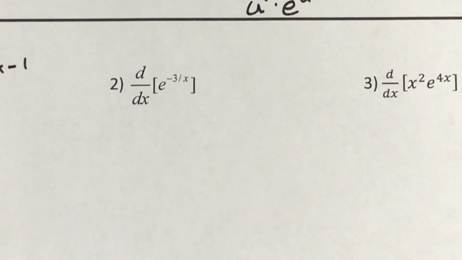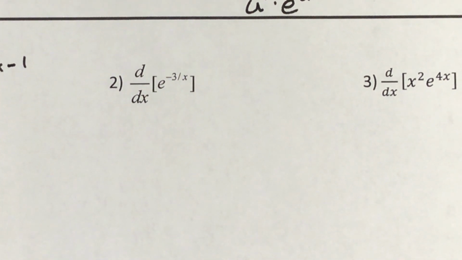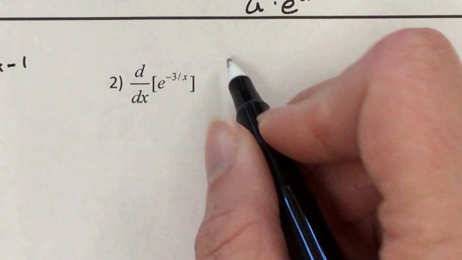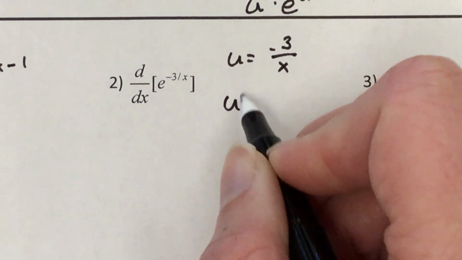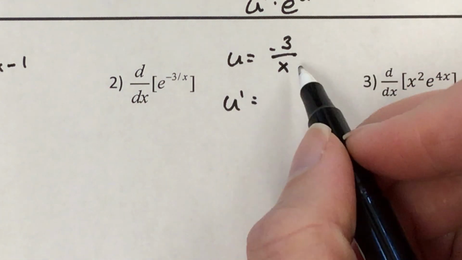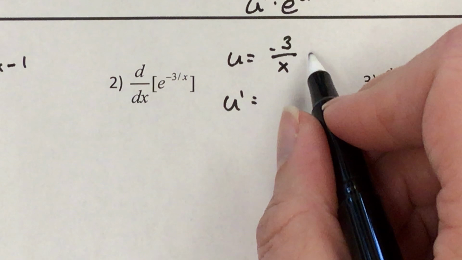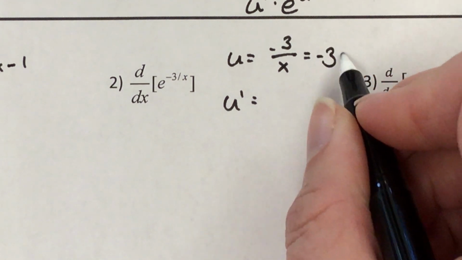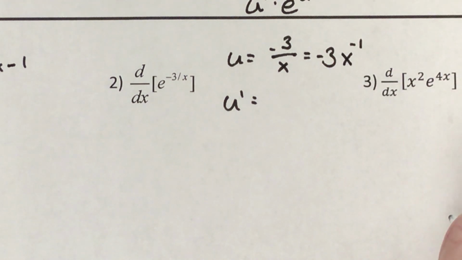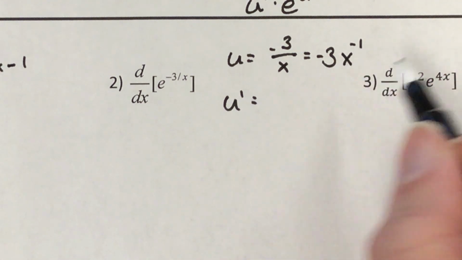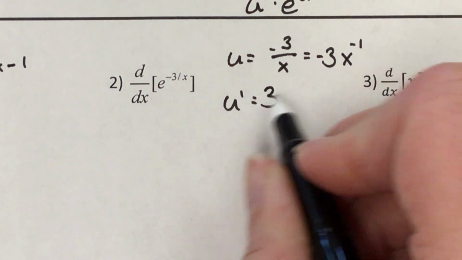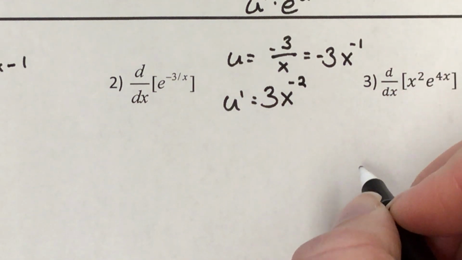Number 2, the derivative with respect to x of e to the negative 3 over x. U in this case is negative 3 over x, and we want u prime. Instead of using the quotient rule, we would prefer to rewrite this as negative 3x to the negative 1 so that we can use the power rule. Using the power rule, negative 3x to the negative 1 has a derivative of 3x to the negative 2.